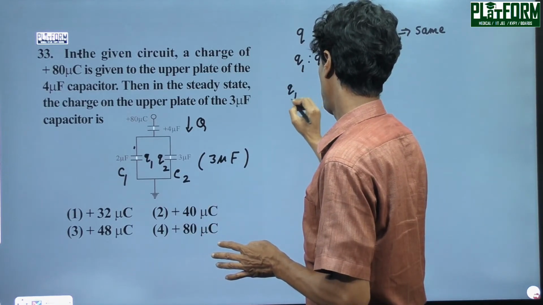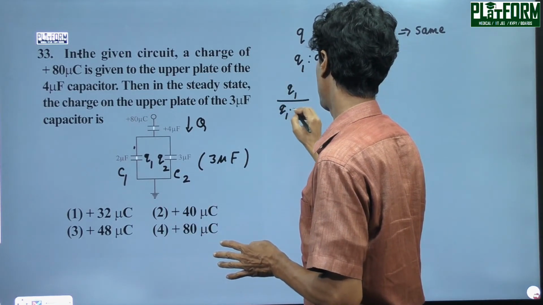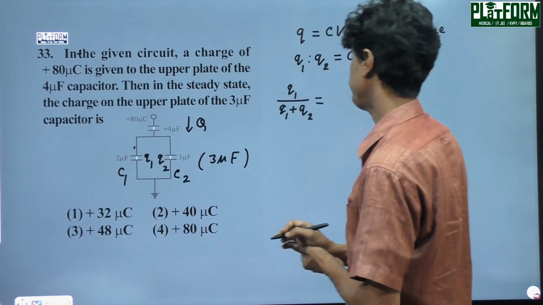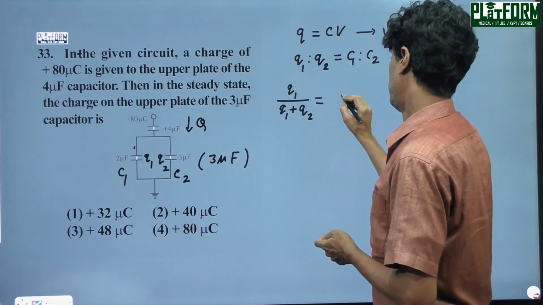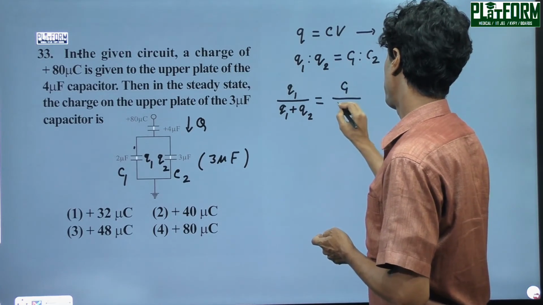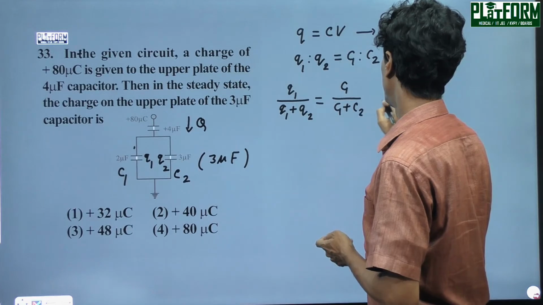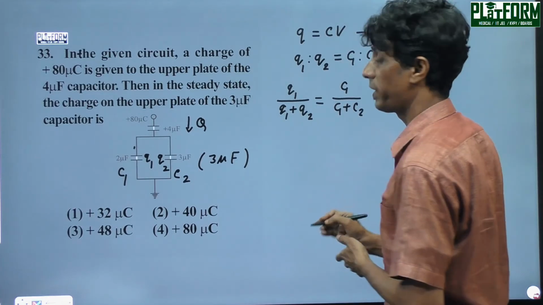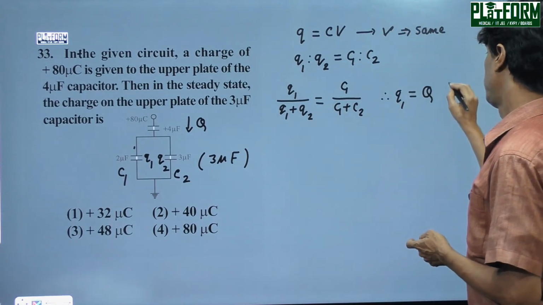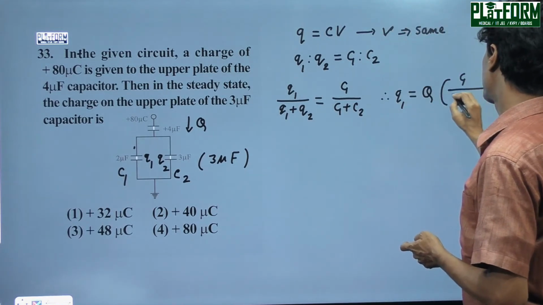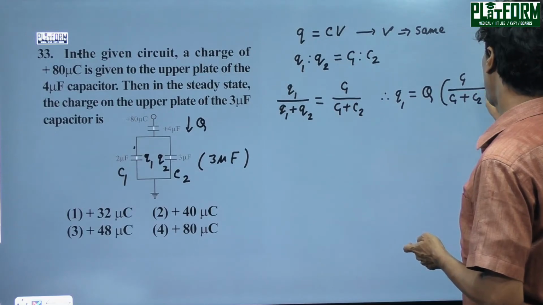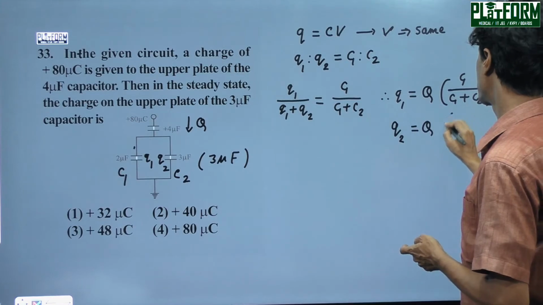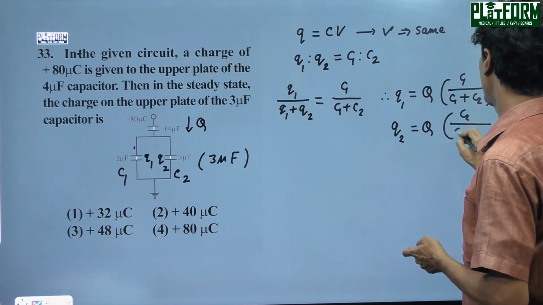By simple calculation, Q1 is equal to the total charge supplied Q into C1 by C1 plus C2, and similarly Q2 is equal to Q into C2 by C1 plus C2.